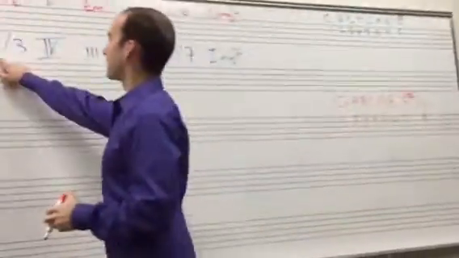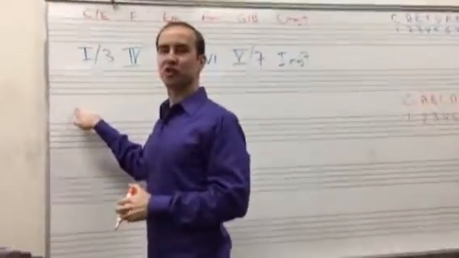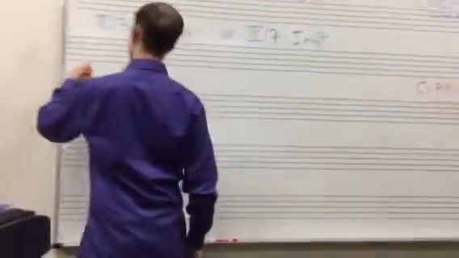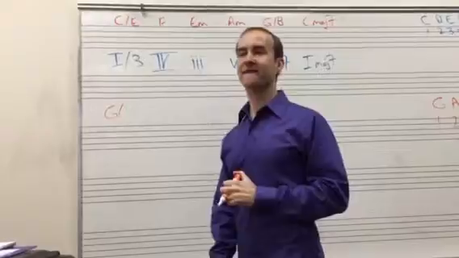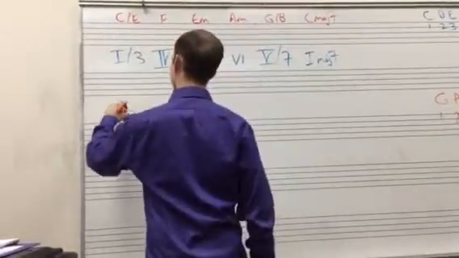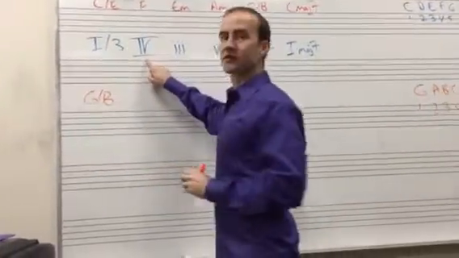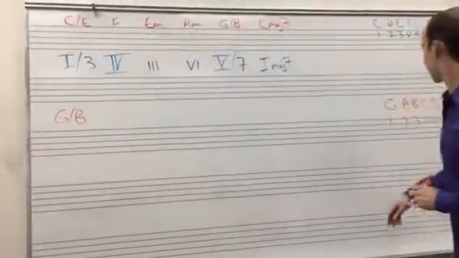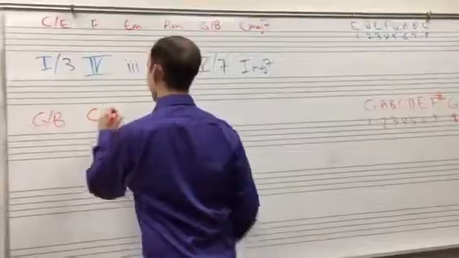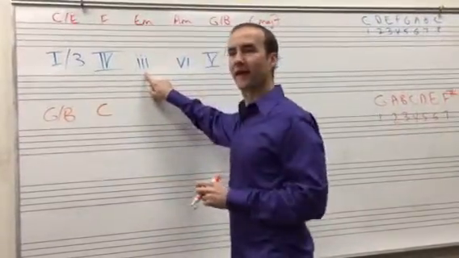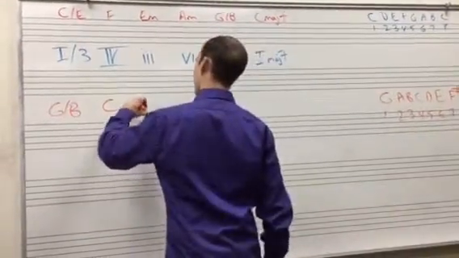Okay, so now you have to find out what is the 1 chord in G. That's just the G. And you have to ask yourself, what's the 3rd note of the scale? B. Excellent. Now, what is the 4 chord in G? It's going to be a C major. Then, what's the 3 chord? B minor.